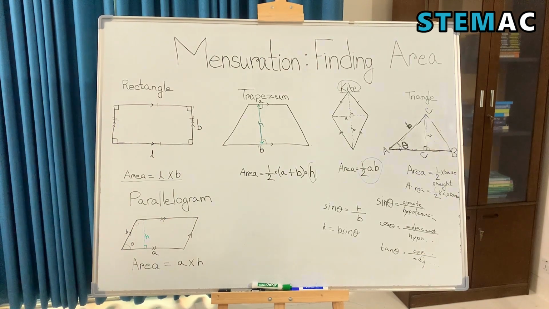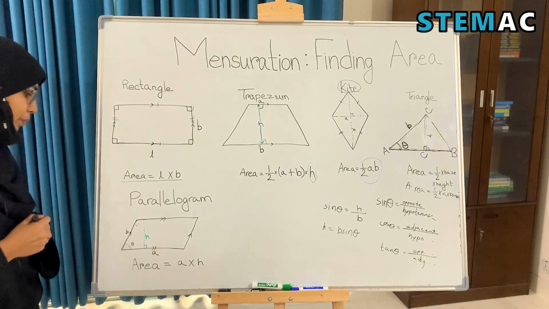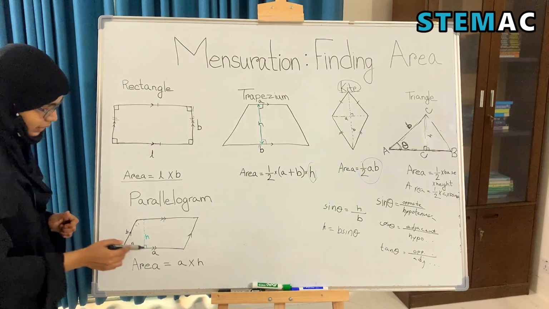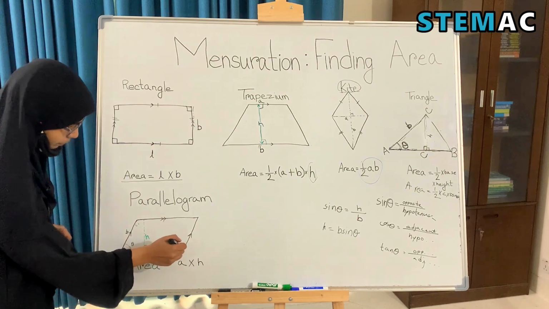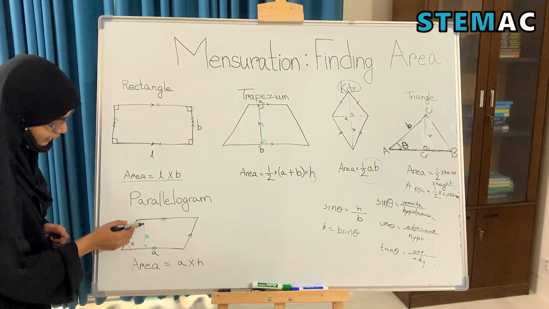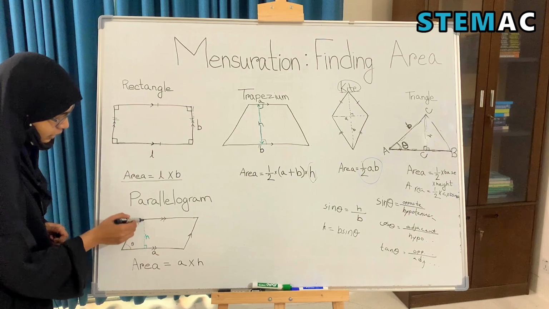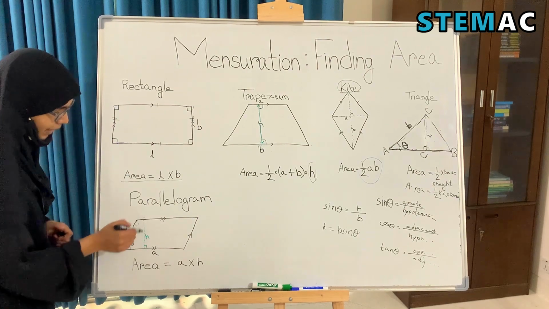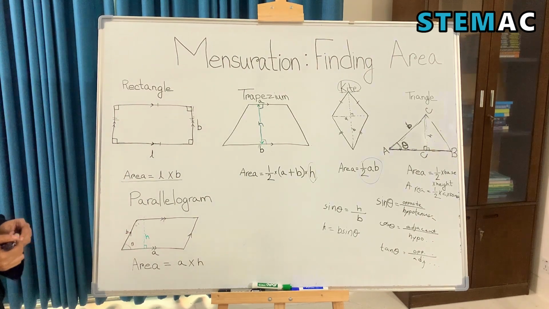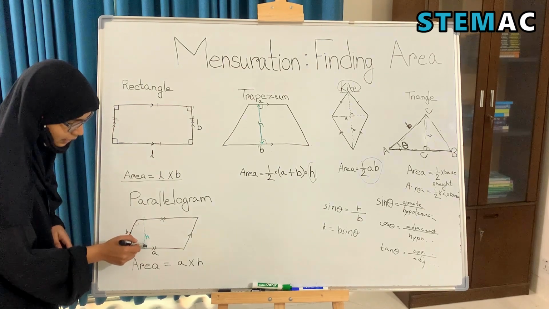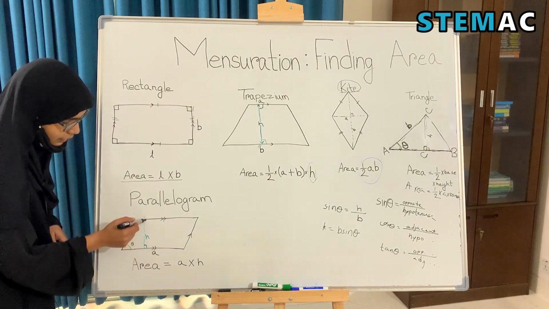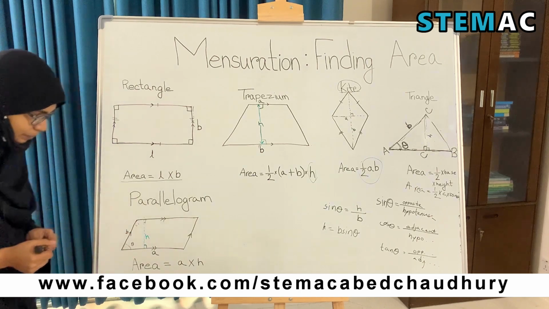So, to find the area of parallelogram, we use this formula A into H, one side and the distance between the two parallel sides, and this distance is making 90 degree with the two sides.